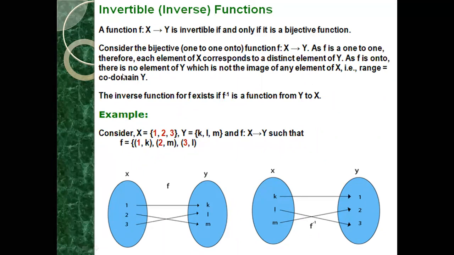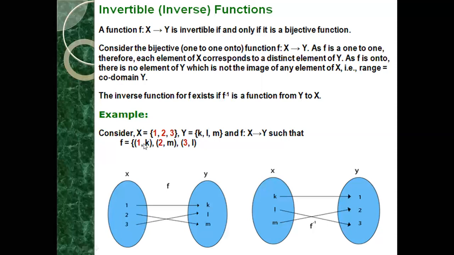When the range is equal to the codomain, that is onto. So every element of A has a different image in the codomain and every element of the codomain has a pre-image in the domain. So the inverse function for f exists if f inverse is a function from y to x.